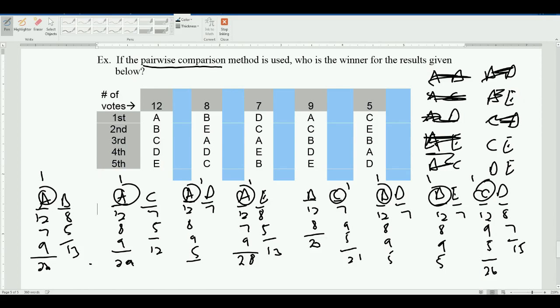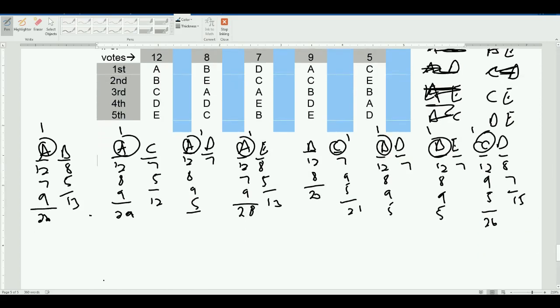So now you've got two more. C versus E, and D versus E. So let's see. C gets those 12. Then C versus E: E wins those 8. C gets those 7. C beats E with those 9, and C beats E with those 5.